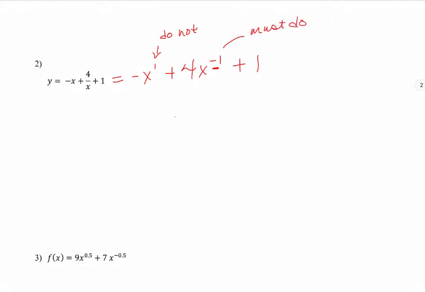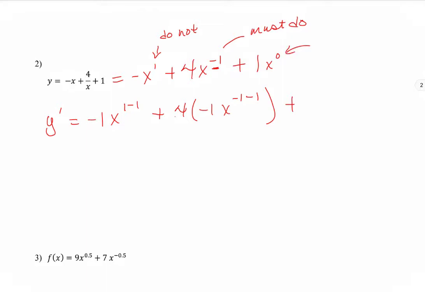Okay? So now to find y prime, I do minus 1 times 1 minus 1 plus 4 times negative 1x to the minus 1 minus 1, and so that's the second term, plus, and this is x to the 0, right?